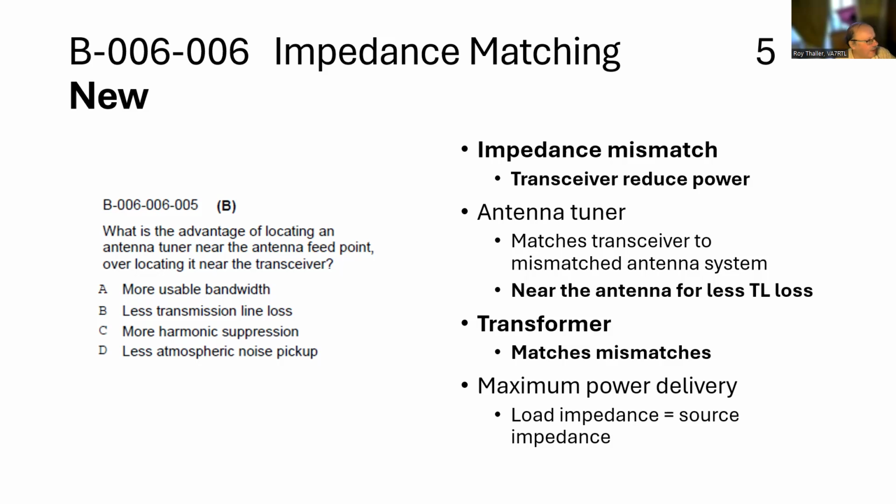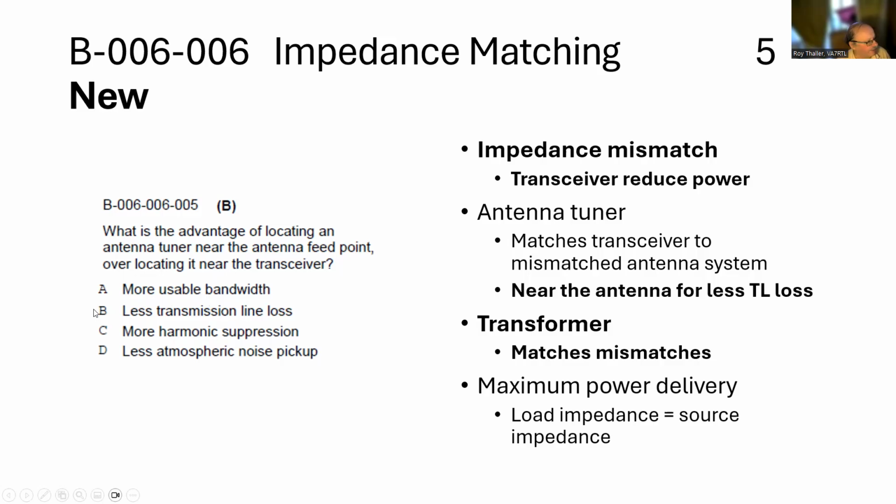Another new question. What is the advantage of locating an antenna tuner near the antenna feed point over locating it near the transceiver? So that would be B. You would have less transmission line losses because the antenna tuner is just looking at the antenna, not looking at the transmission line plus the antenna.